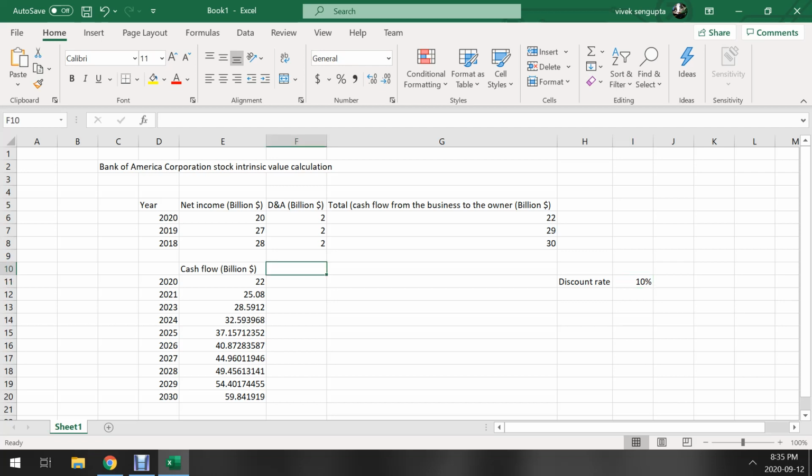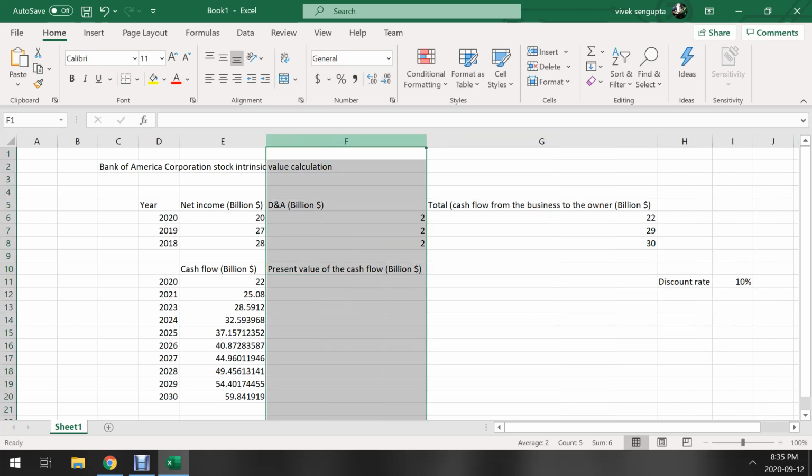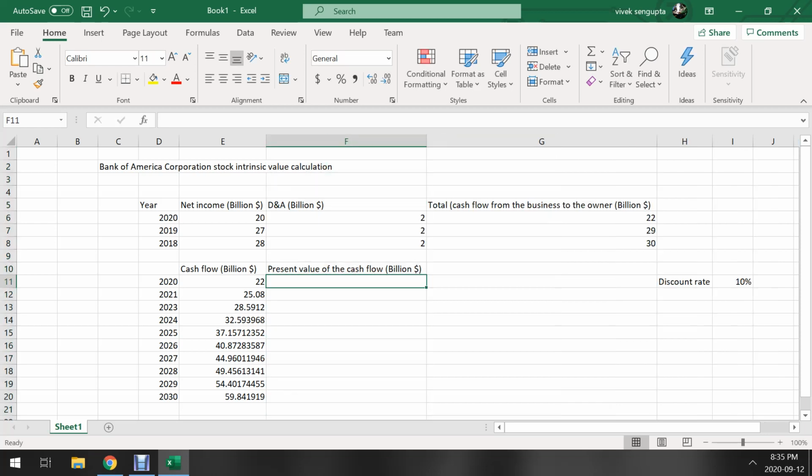So present value of the cash flow, $1 billion, right? Let me make it pretty. What I'm going to do is take this cash flow and discount it by this.